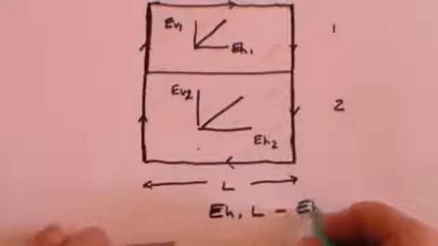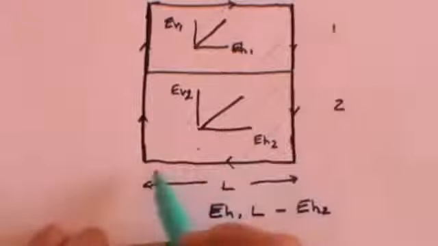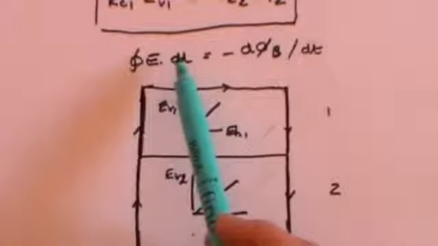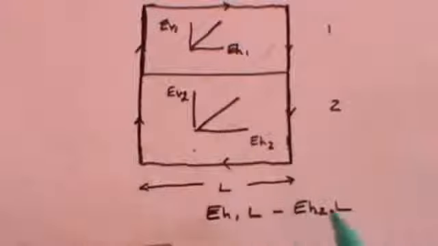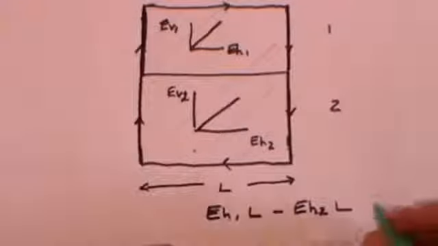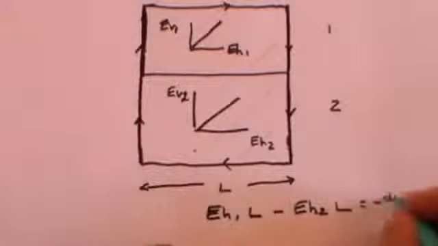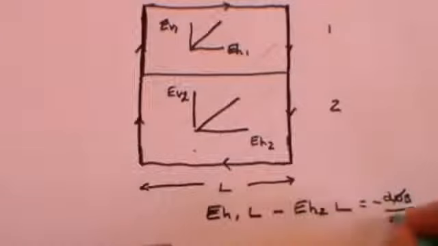When we go in this direction, we're going in the opposite direction, so that will be minus EH2 now times L. These are the E dot dl terms. The integral simply now becomes a sum. And those are the only two terms that actually are going to have any effect. And that's going to be equal to minus d phi b by dt.